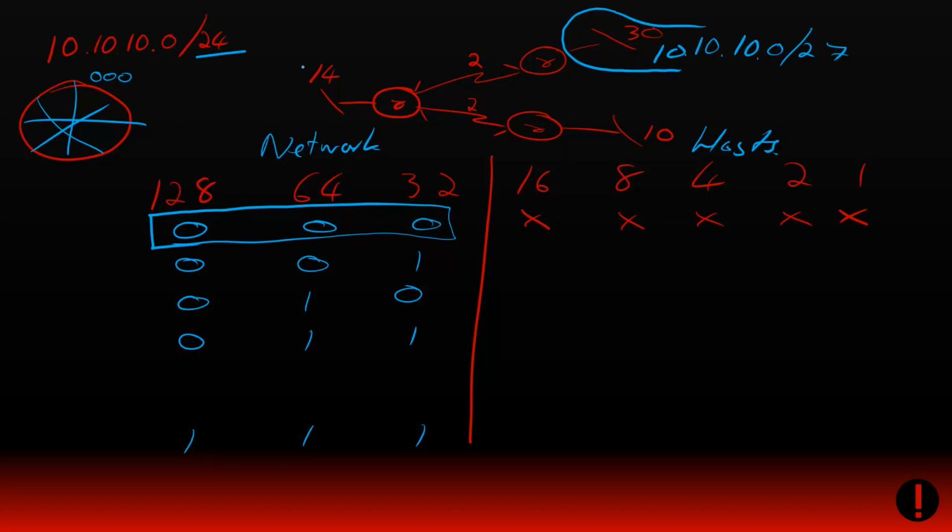Now we've got to go for the next biggest one, which is 14. Let me just change the color of our pen. For 14, it's a little bit of a different scenario. I only need that many bits, which gives me 16 minus 2 is 14 exactly. Cut the pizza up again. 001 is this slice over here.